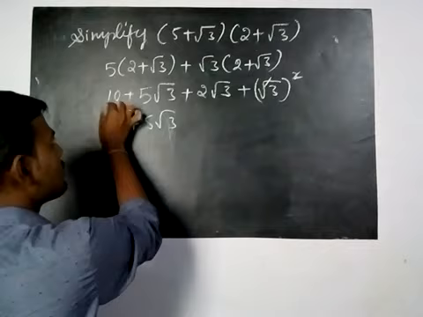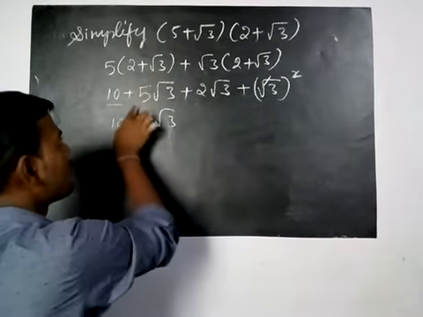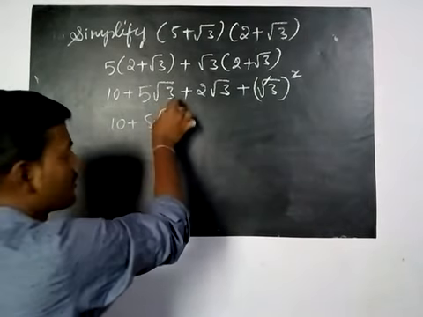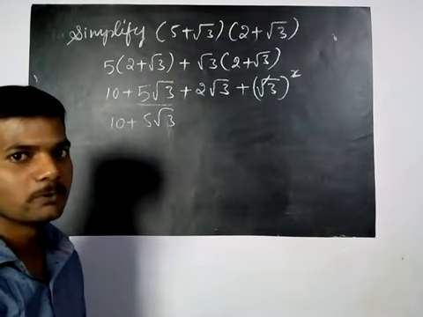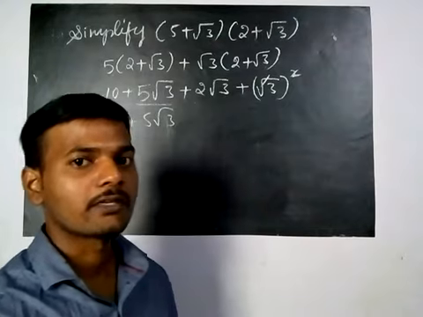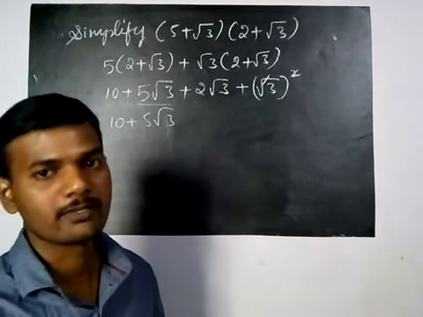You should not add these 10 plus 5, 15. You should not do that because 5 is not single, it is with irrational numbers. So completely it becomes irrational only. Product of rational and irrational is always irrational. You should not add or subtract it with other numbers.